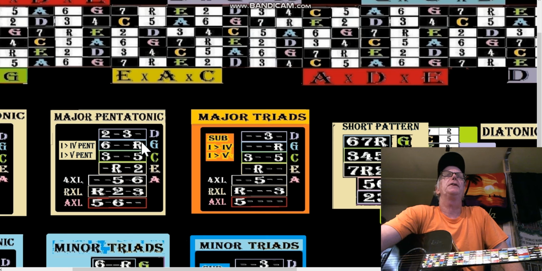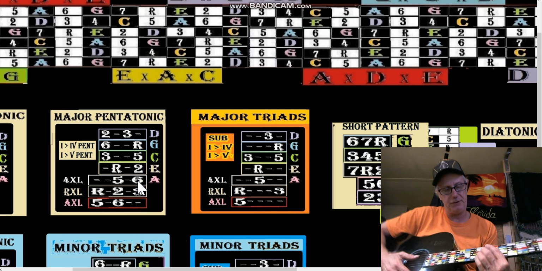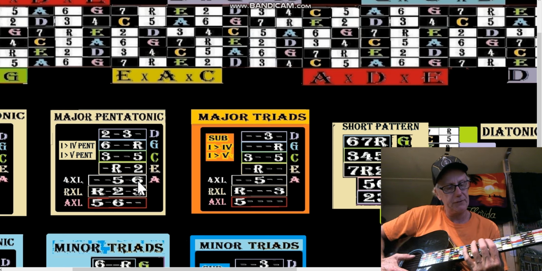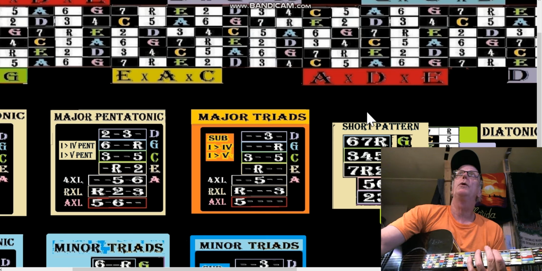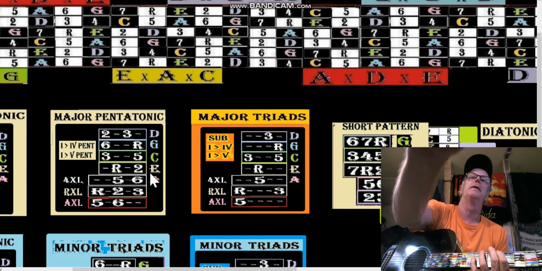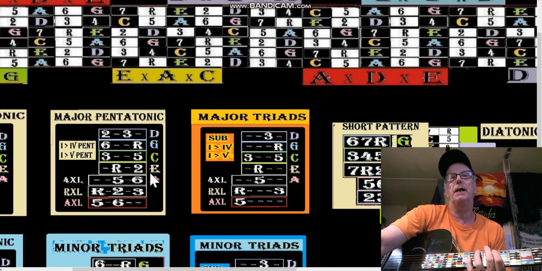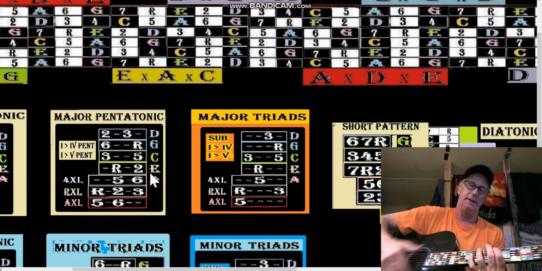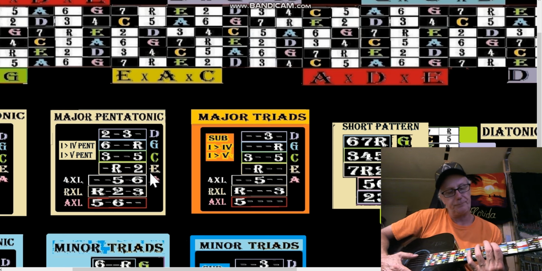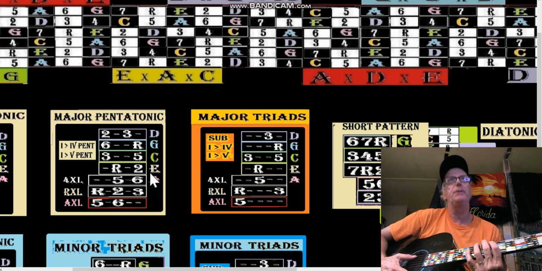Let's look at the bottom string shape on the A shape C, which is 5 6. If we go to the fourth of the A shape, what do we get? Fourth of A is D. It's like in the saying, it's all day. So we get a D shape there.